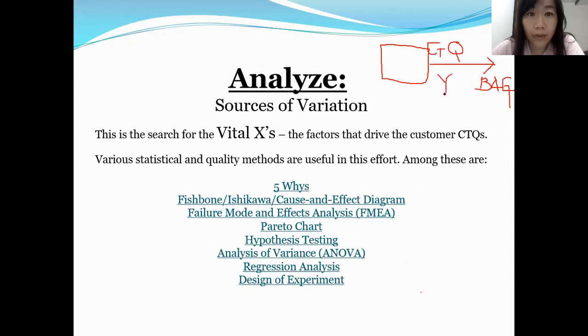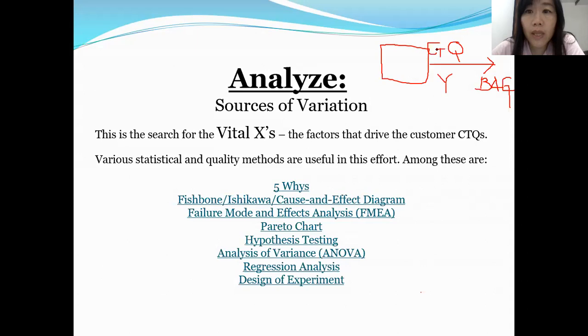If we still remember, several examples of CTQ for the bag production are neat stitching, strength, a clean bag, and proper placement of the strap. That's all what we call the Y, the customer CTQ.